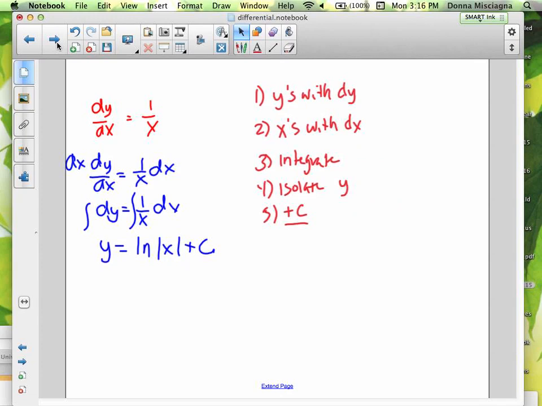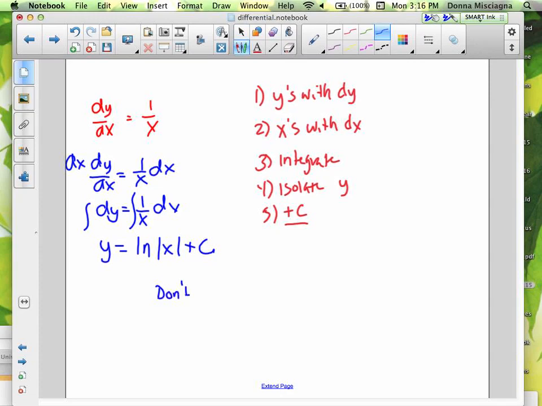All right, so here we have dy, another simple one. Dy dx equals 1 over x. Multiply both sides by dx. We integrate. So if we integrate dy, we get y. If we integrate 1 over x dx, we get natural log of x. Do not forget your absolute value bars plus c. Okay? You do need absolute value bars with natural log.